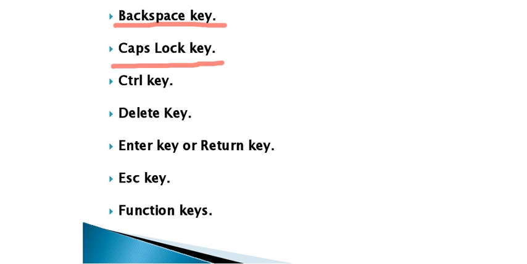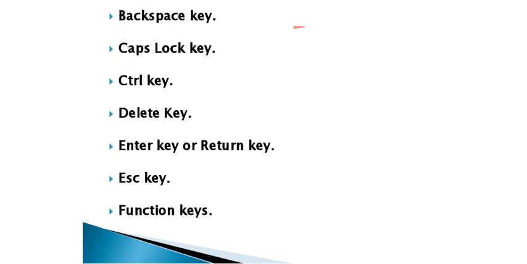Uppercase means capital letters, for example A, B, C. So when we press this caps lock key, whenever we type the document, it converts our alphabet keys into the uppercase.